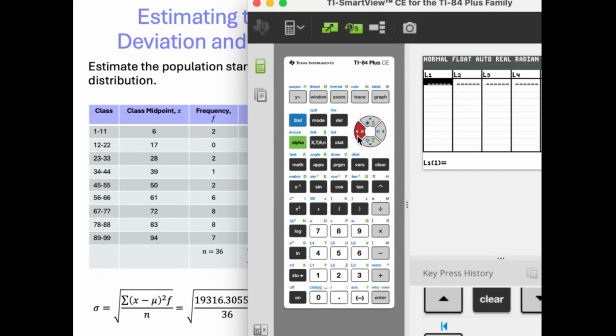Okay, so the midpoints are, let's see, 6, 17, 28, 39, 50, 61, 72, 83, and 94.